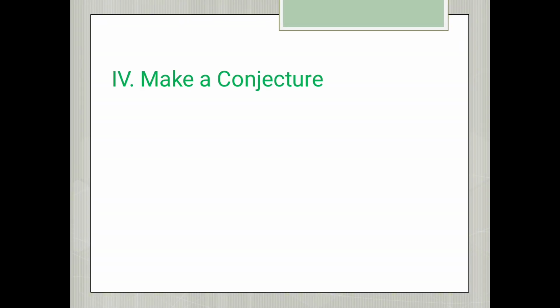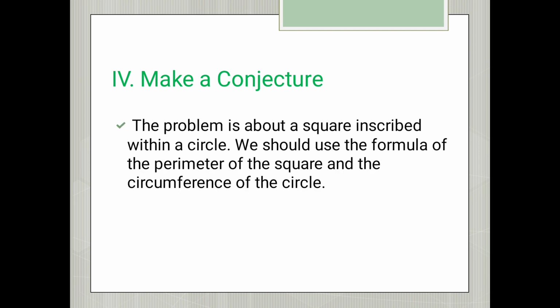The fourth step is make a conjecture. This is where we form an idea, opinion, or supposition about something on the basis of incomplete information. The problem is about a square inscribed within a circle.